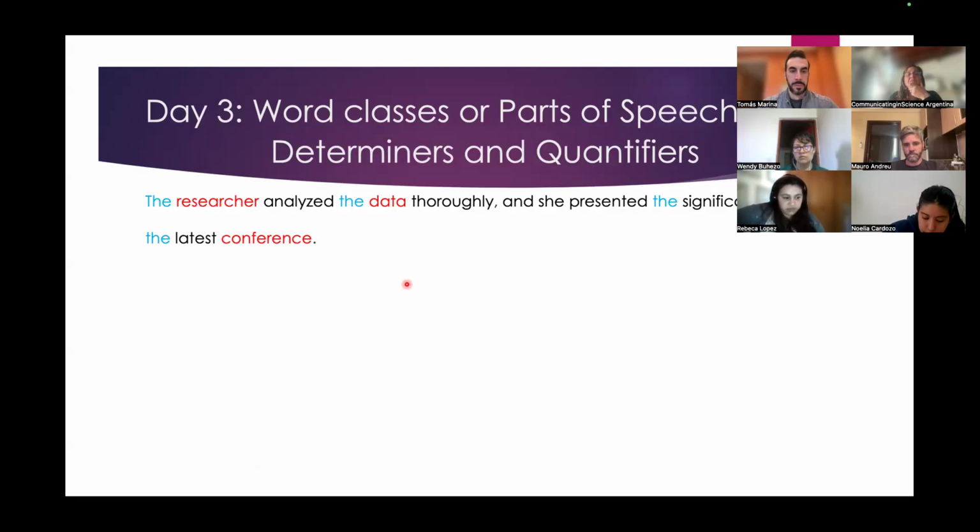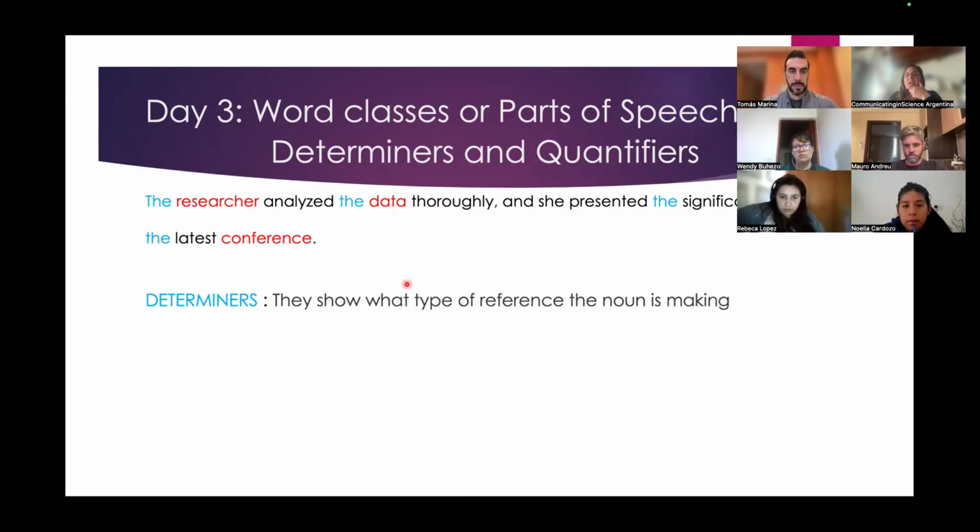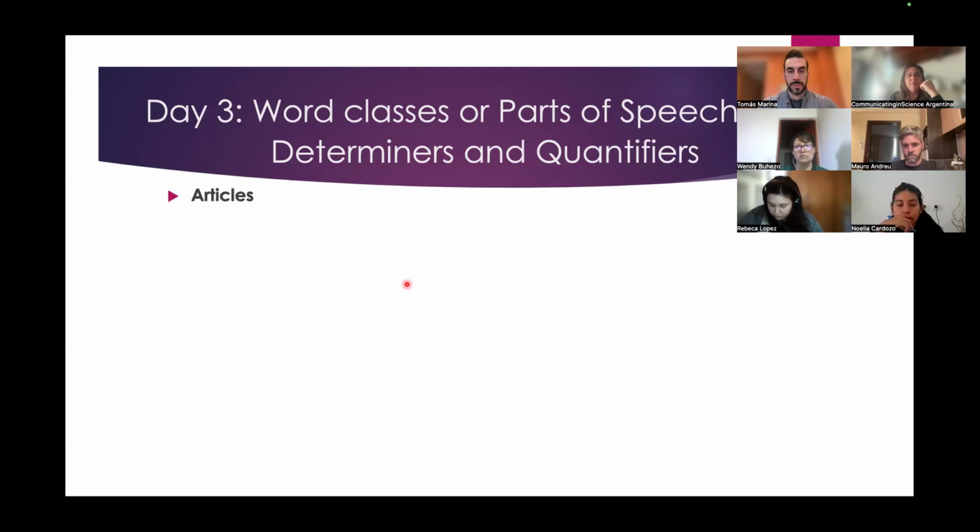Determiners and quantifiers. As I said, they show what type of reference the noun is making. If it's a definite noun or an indefinite noun.